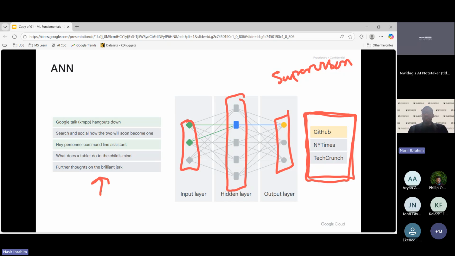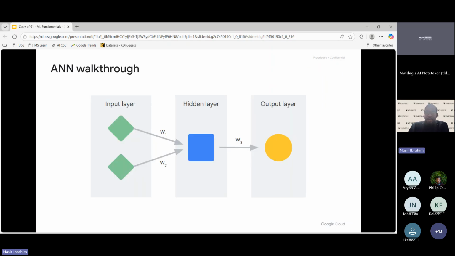Okay, so let's go and see how a neural network works. How do we map the input to the hidden layer and to the output and get a label at the end? Okay. I'm going to take you back to elementary school in a moment, primary school, with a bit of mathematics.